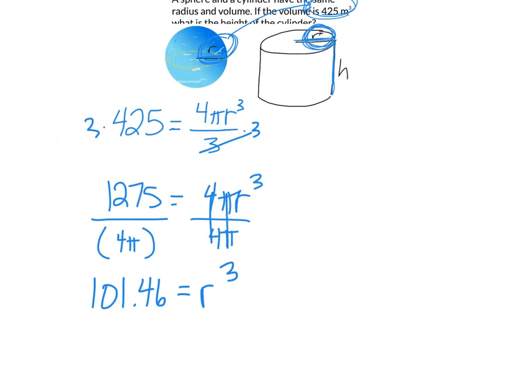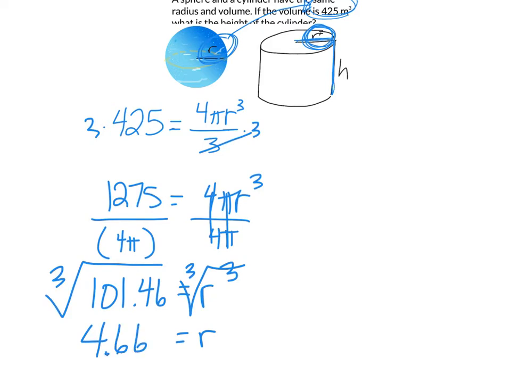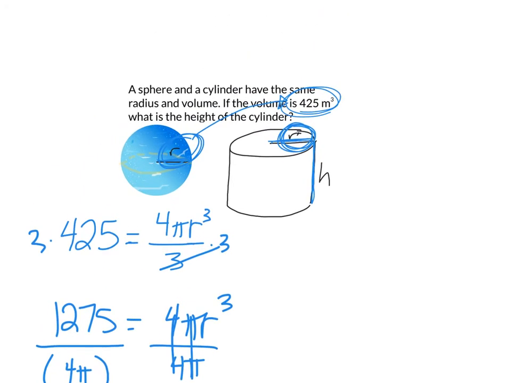Then our last step is to cube root both sides. And we have a radius of 4.66 meters, I think were the units. 4.66. So that's our radius.